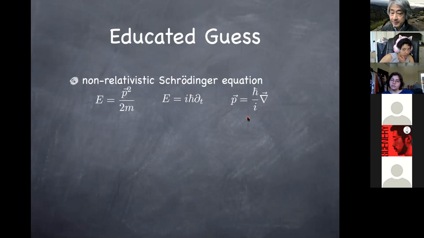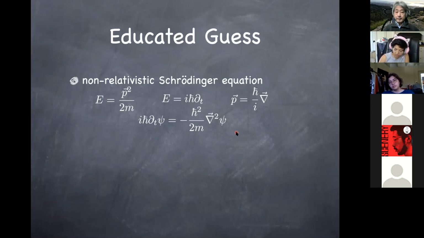We stick to this, but we change E equal p squared over 2m. In the non-relativistic Schrödinger equation we combine all of these three ingredients and come up with this equation. So we follow the same path. E equal p squared over 2m turned into this equation because I replaced E by the time derivative, p by the spatial derivative. That's how you came up with the Schrödinger equation.